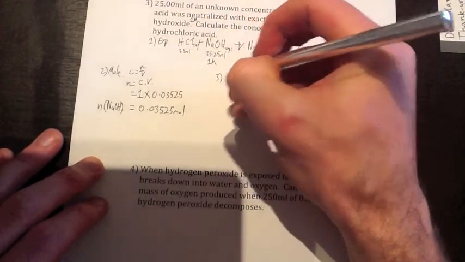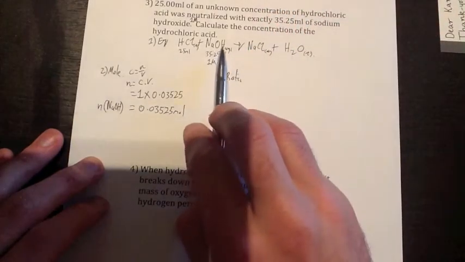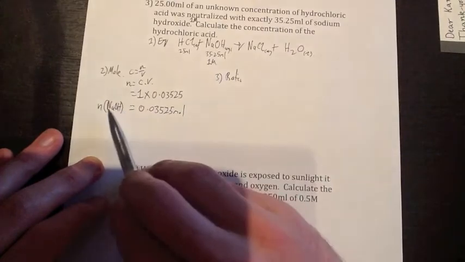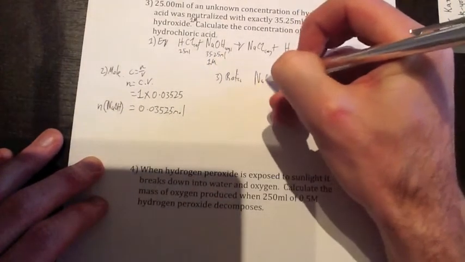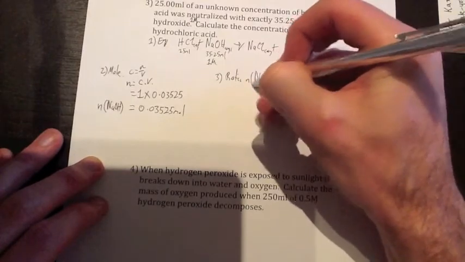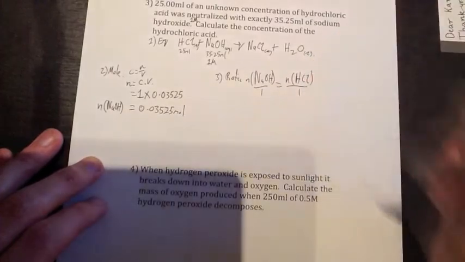Step 3 is ratio. Again, what we know is our sodium hydroxide. We've got our number of moles. We want to find out hydrochloric acid. So we're going to have NaOH over 1, which is number of moles, equals number of moles of HCl over 1.